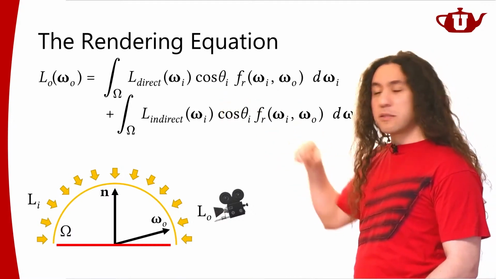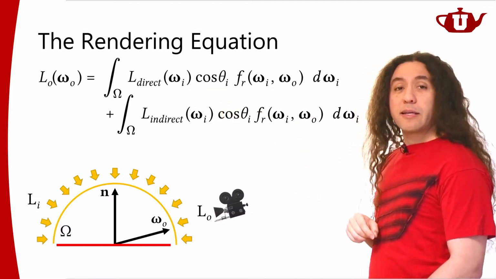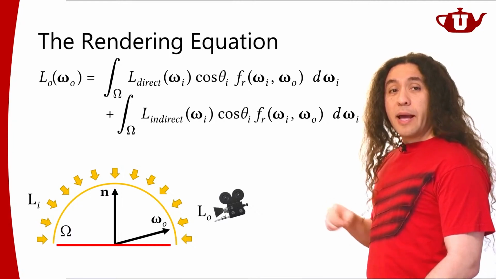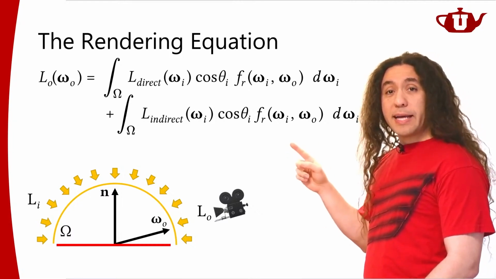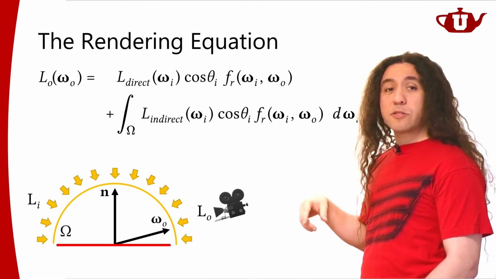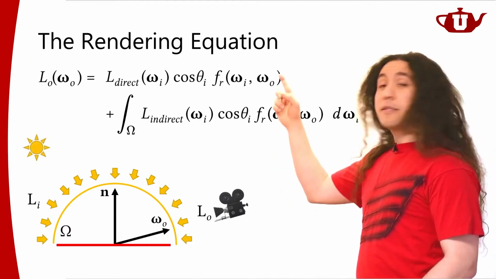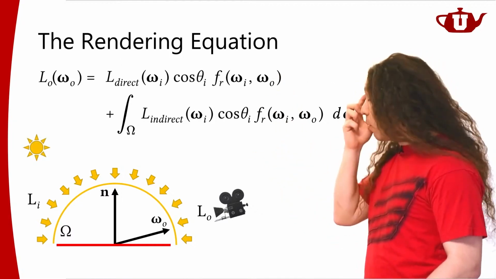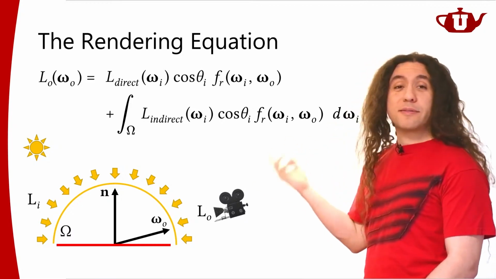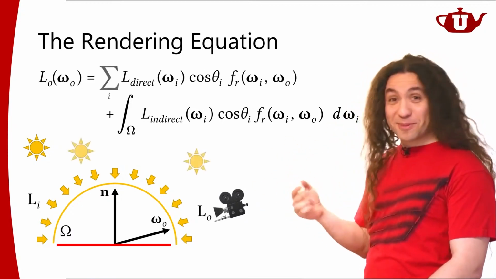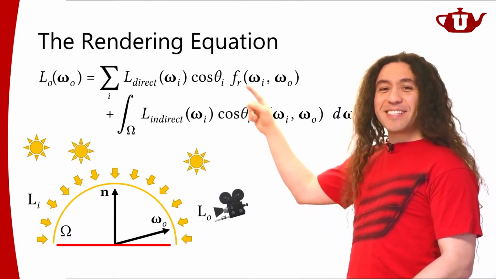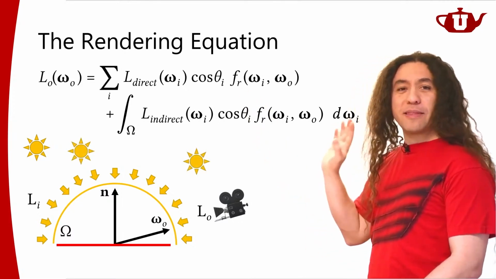One was handling direct illumination, the other one is handling indirect illumination, right? And with that, we said, hey, if I have just a single light source in my scene, this integral collapses to this simple form. Or if I have multiple finite number of light sources, which I often do, then I can just do a sum over those light sources, and that part was fine.